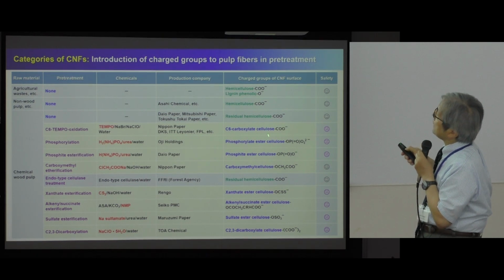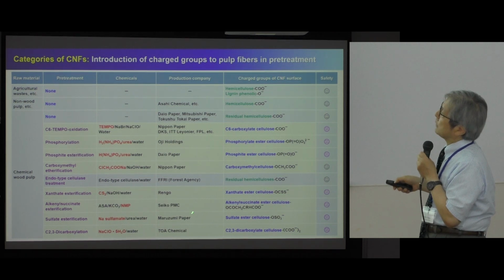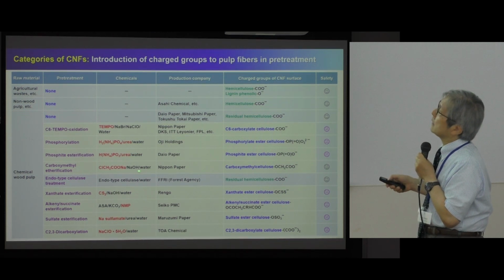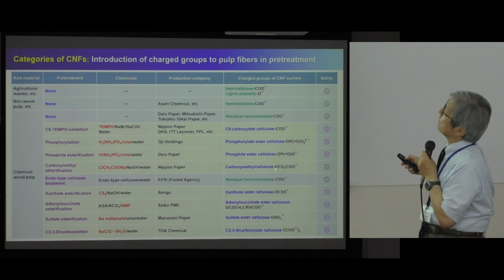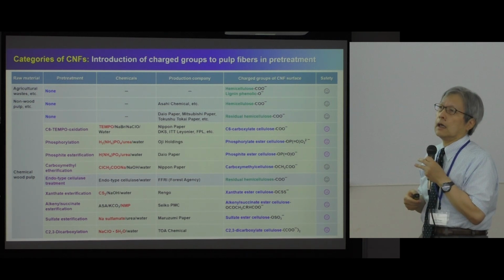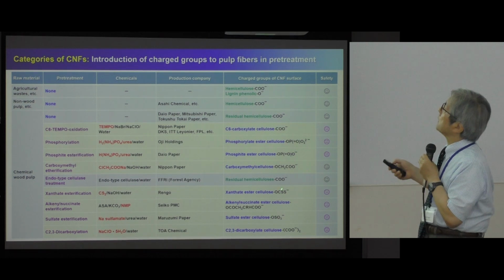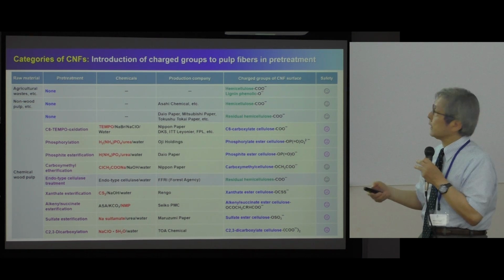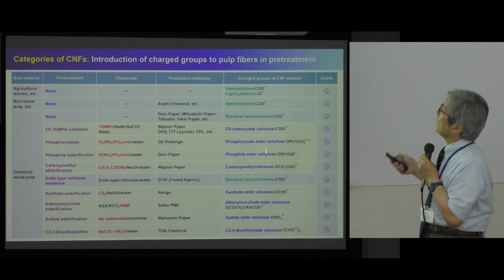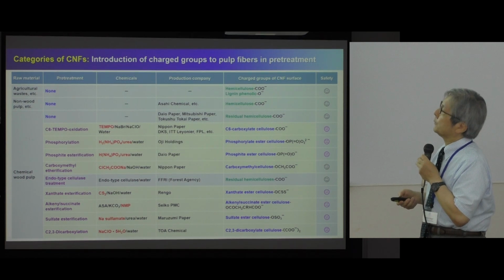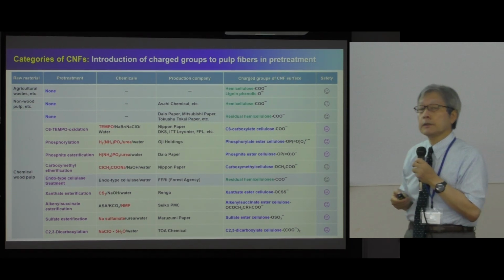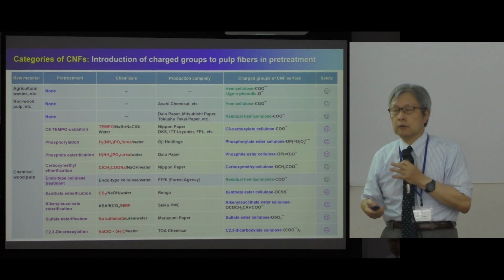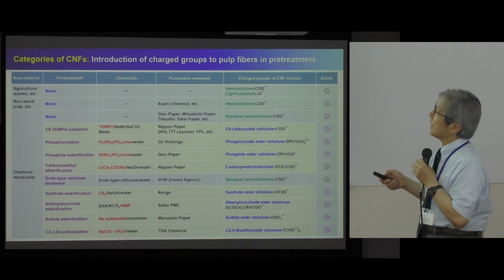I believe that the other cellulose nanofibers are also safe to eat, but so far carboxymethylated CNF has already been accepted as an edible material, already included in foods, sweets, bread, or the like. For the others, if you have to get safety approval, it takes more than 10 years and 100 million Japanese yen or more, so it takes a long time.